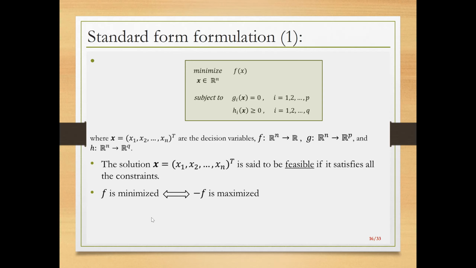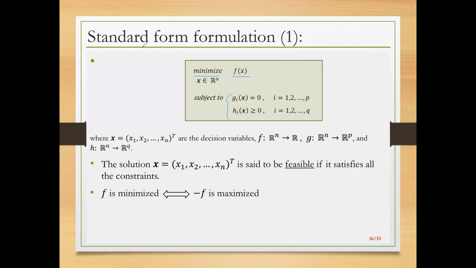Good, now we want to try to give a definition, or what would be the format, of an optimization problem. The standard form of an optimization problem is, you would always have minimize some function, which is your objective function or cost function, and subject to a set of constraints.